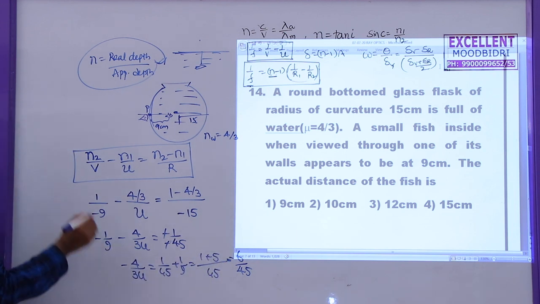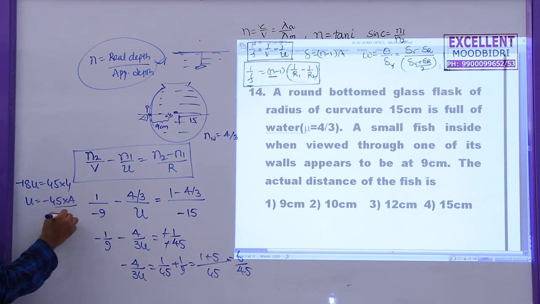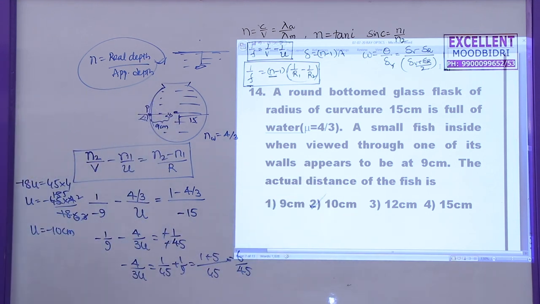Cross multiplying, 3u into 6, that is minus 18u is equal to 45 into 4. U is equal to minus 45 into 4 by 18. This will be 3 6s, 3 15s, and here 2 2s, 2 3s, 3 1s, 3 5s. So the object distance is minus 10 centimeters. So option 2 is correct.